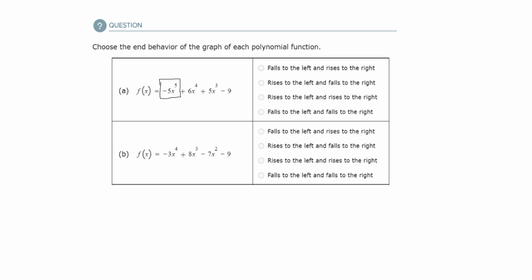So this power is odd, and it's negative. We can go back to our notes. If this is odd and this is negative, it's going to rise to the left, fall to the right.